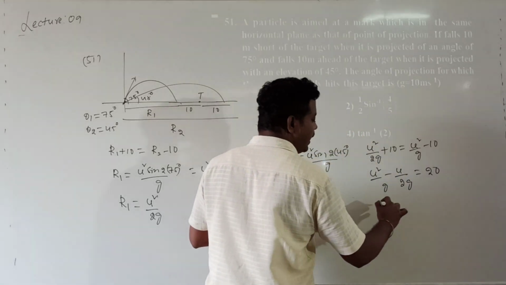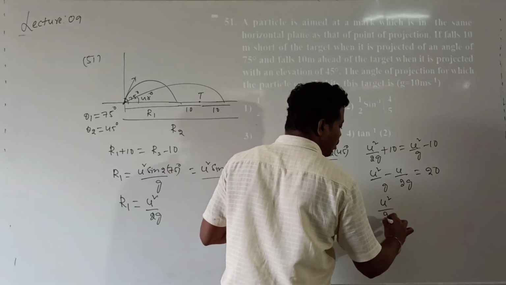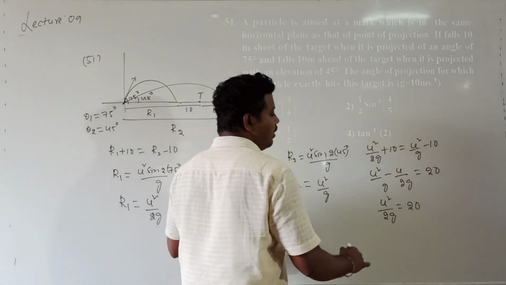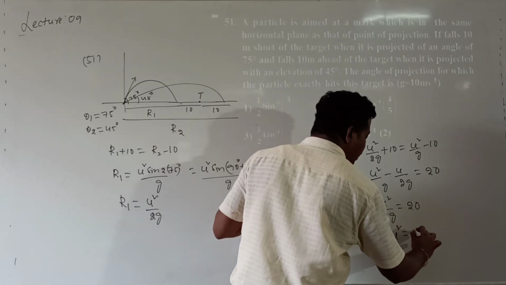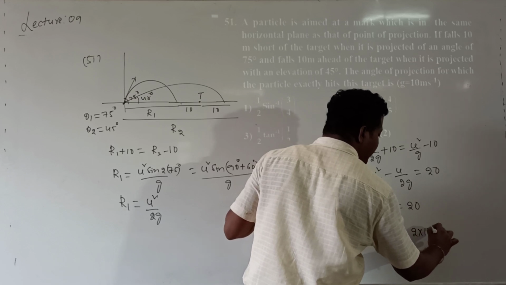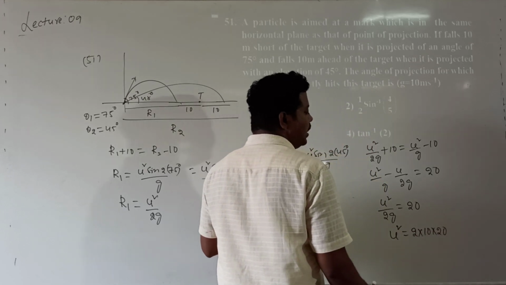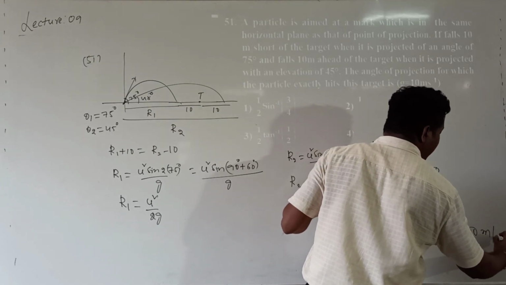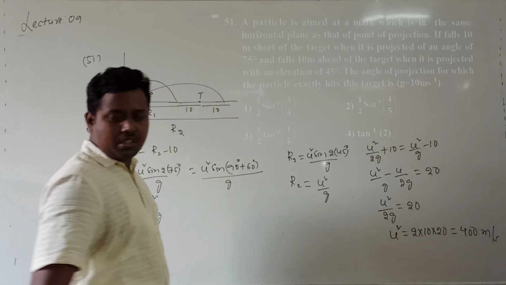Here LCM is 2G, so U square by 2G is equal to 20. Then U square value is 2 into G value 10 into 20, that is 20 into 20, which is 400. So U is 20 meters per second, that is the velocity of projection.